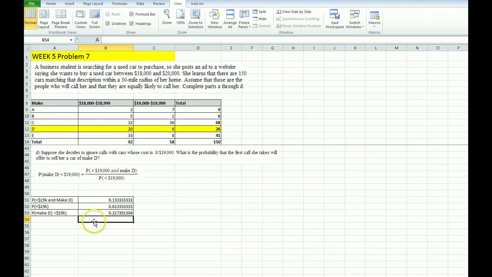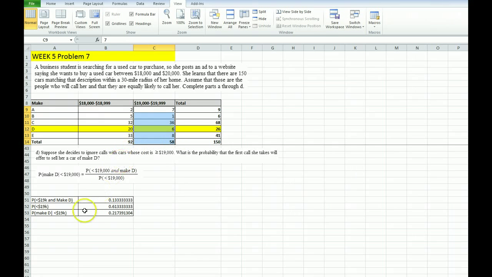and again let's look at it the other way, the probability that it's a make D if it's less than 19,000. We again are looking at this set of data.